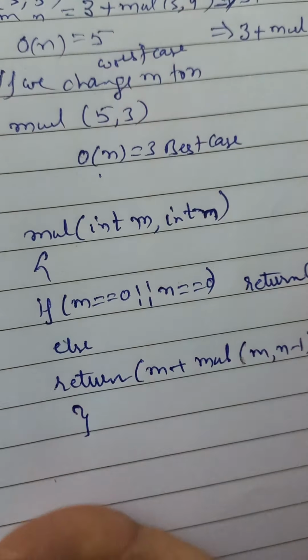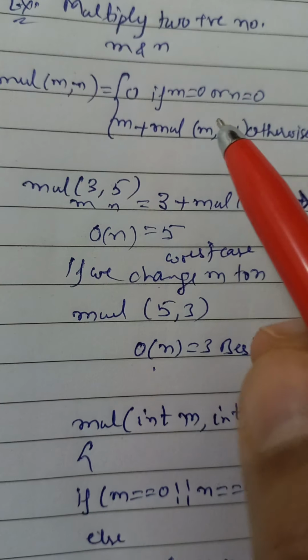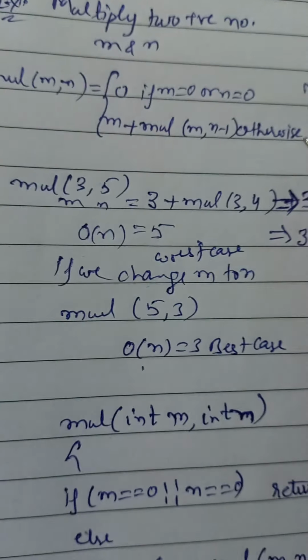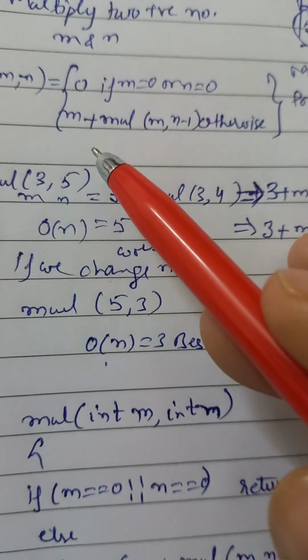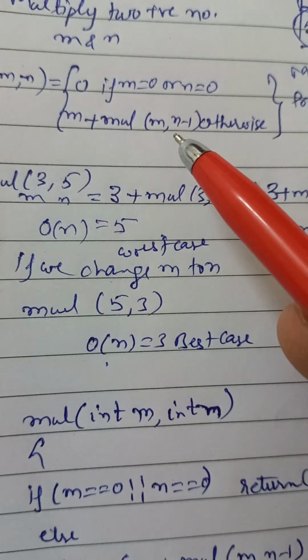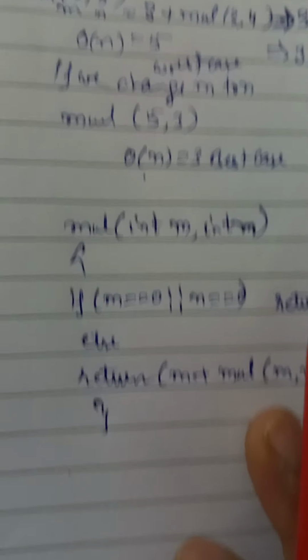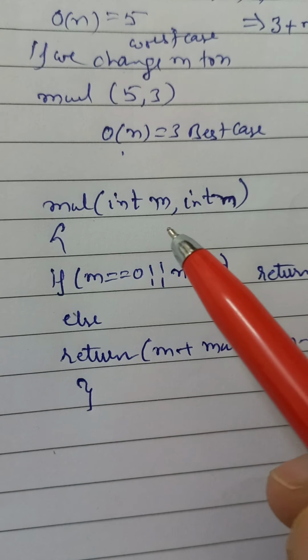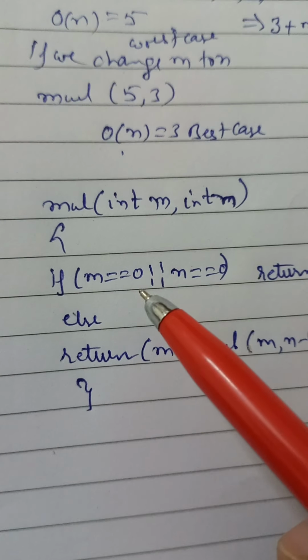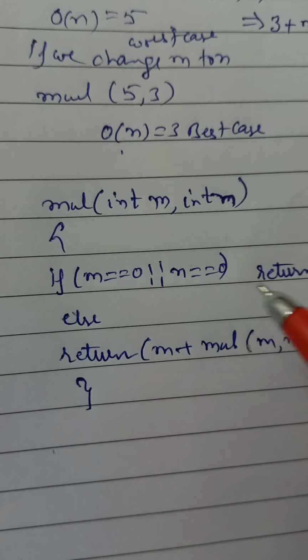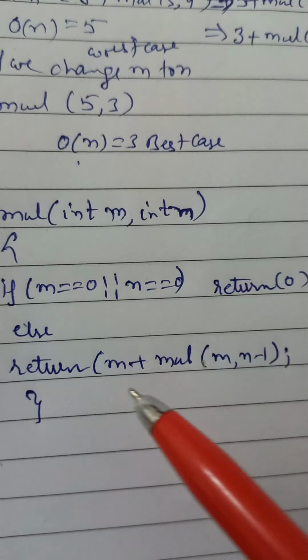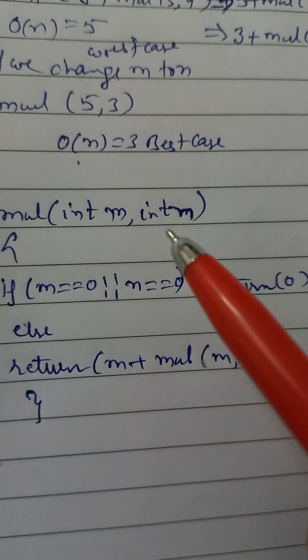So this is the program, and this is the recurrence relation: multiply m n is 0 if m is equals to 0 or n is equals to 0, and m plus multiply m n minus 1 otherwise. So this is the way of writing the program.